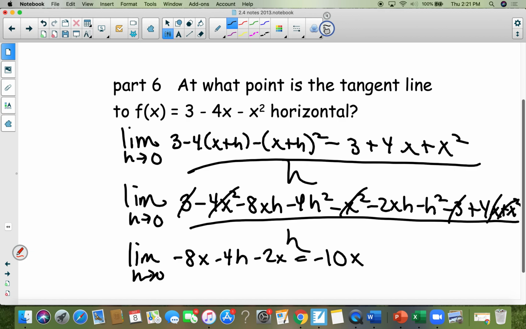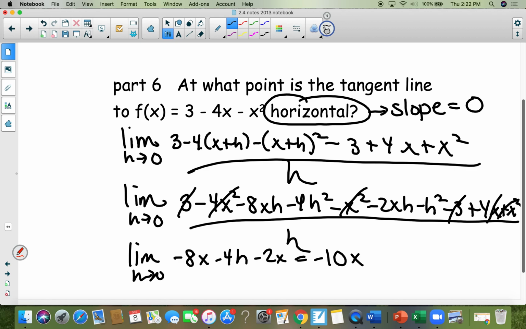Did I do that right? I think I did. Yeah, I did it right. At what point is the tangent line horizontal? It doesn't say anything, but the slope of a horizontal line is equal to what? 0. So what you have to do is set that equal to 0, right?